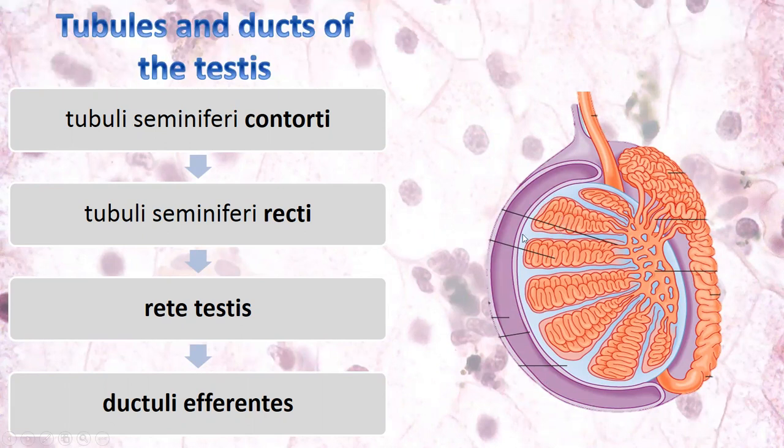The innermost own membrane or covering of the testis is the connective tissue capsule, tunica albuginea, which forms the septa going to the mediastinum. And there are convoluted seminiferous tubules, straight seminiferous tubules or tubuli seminiferi recti, rete testis, efferent ductules, and ductus epididymidis. It's the beginning of the extratesticular seminiferous tract, and it is continued by the ductus deferens.